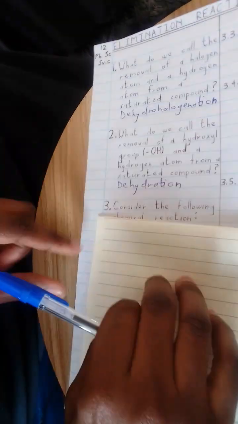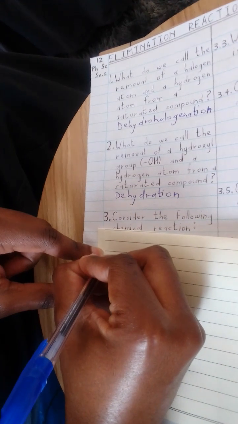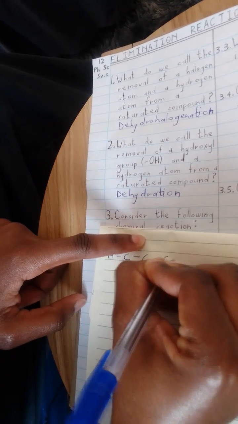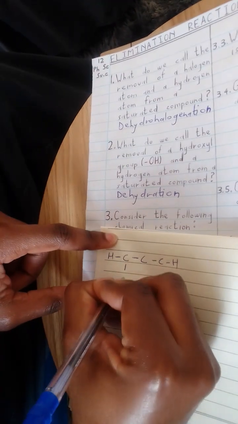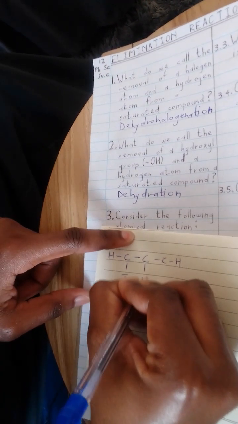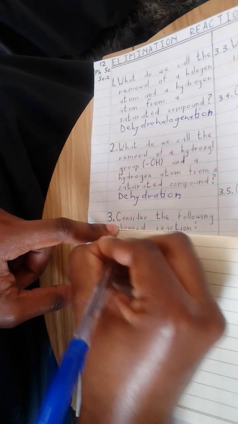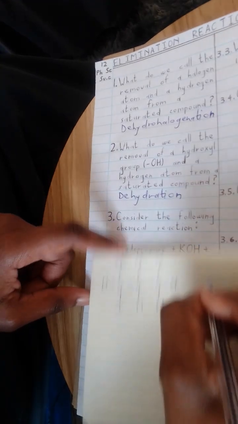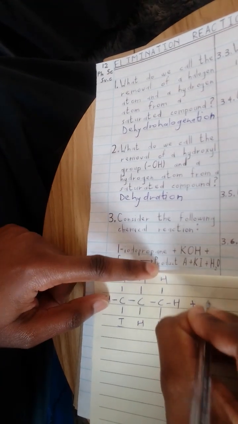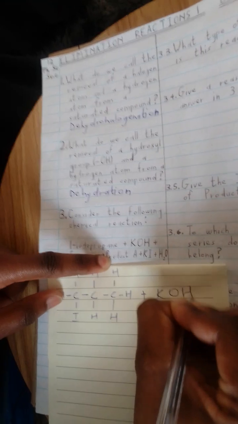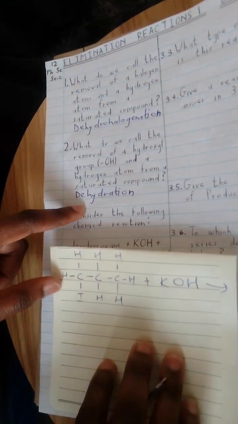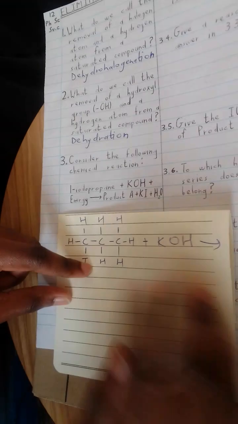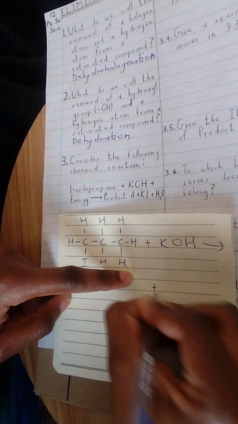So first we draw 1-iodopropane. Let's put the I here. It reacts with potassium hydroxide to form, we don't know what product A is, but potassium iodide.